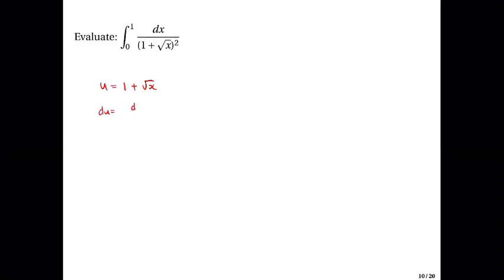Du is 1 over 2 square root of x dx. From here, square root of x is equal to u minus 1, which means dx is equal to 2 square root of x du. But square root of x is u minus 1. So you have 2 times u minus 1 du.